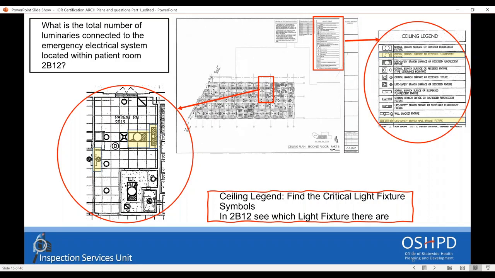So which symbols in the ceiling legend are described as critical or emergency, and which match in room 2B12? I highlighted in yellow the two types of emergency lights, in the legend and in the plan: the critical branch and the life safety branch.